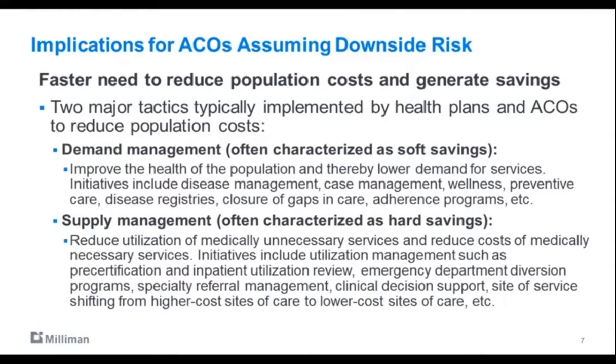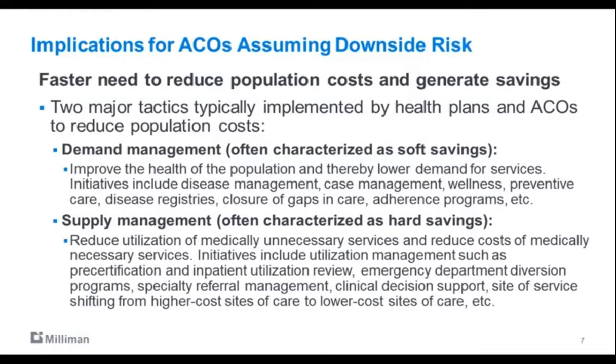The harder type of tactic is supply management. That is reducing utilization of medically unnecessary services and also reducing the cost of medically necessary services, such as shifting to lower sites of service.